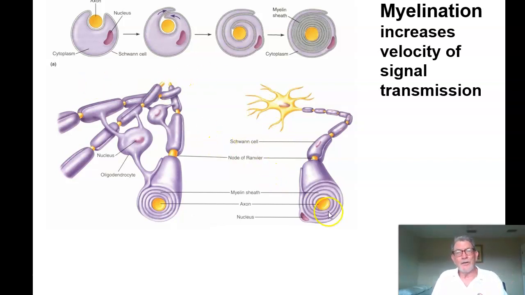A couple of kinds of cells cause myelination. In the peripheral nervous system, in your arms and legs, you have these Schwann cells. A Schwann cell wraps around like a stick of Juicy Fruit gum to prevent the ions from flowing in and out here. And you have another Schwann cell and another one.